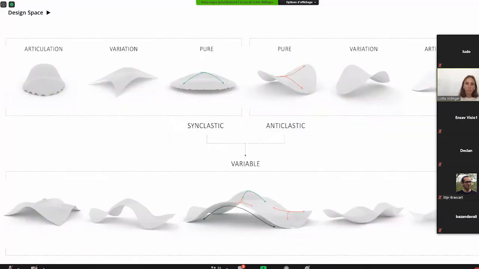It's not limited only to the single pure synclastic and anticlastic shapes. This is just to really state that we can do these, but we can also expand it with variations or articulations of curvatures.